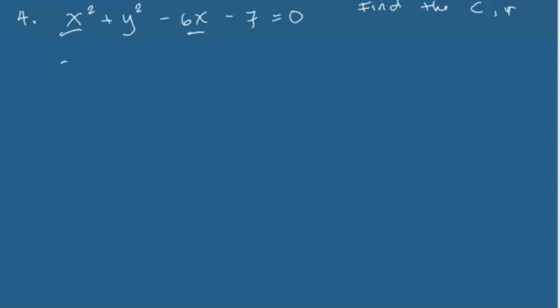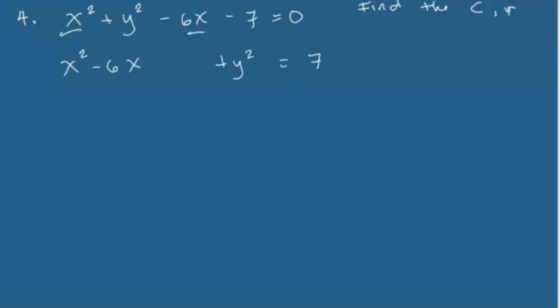So that would be x squared minus 6x, then plus y squared here. And the negative 7, we move it to the other side of the equation, so that would be equal to positive 7.